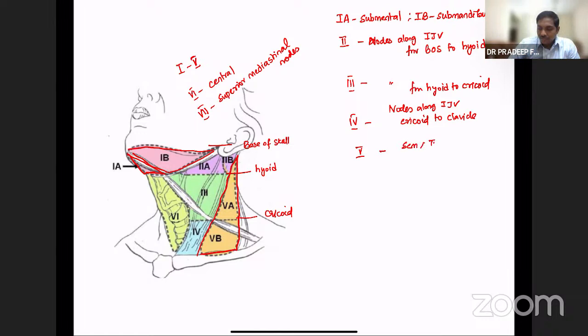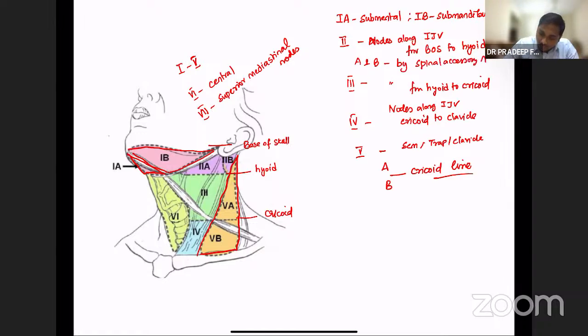It is divided into A and B by the cricoid line, an imaginary horizontal line drawn at the level of the cricoid cartilage. And level 2 is subdivided into A and B by the spinal accessory nerve. So this is the spinal accessory nerve.